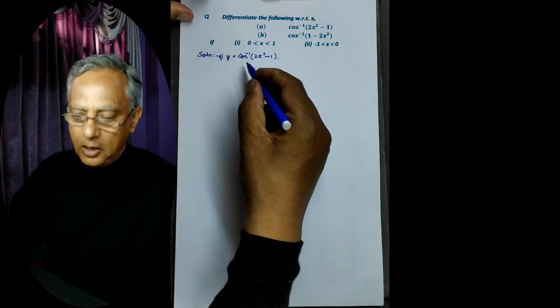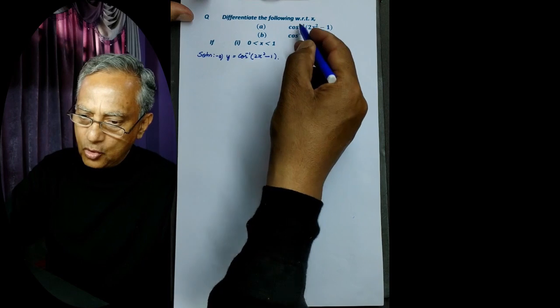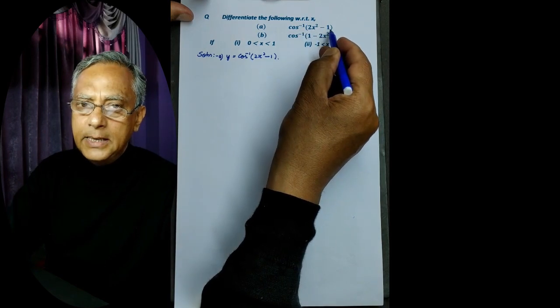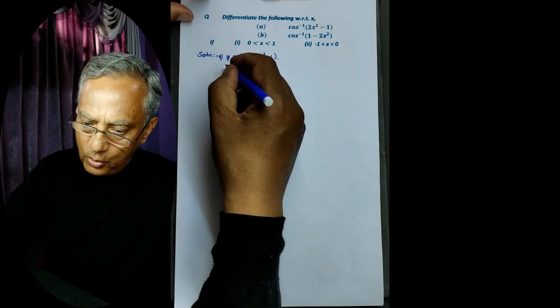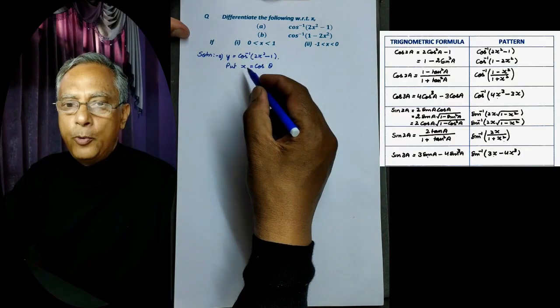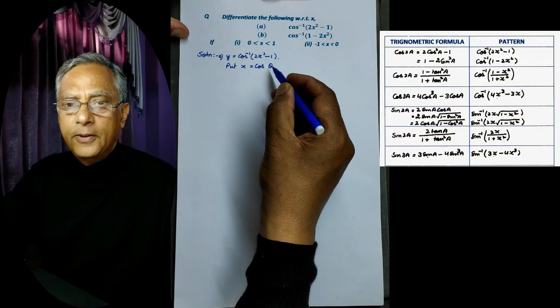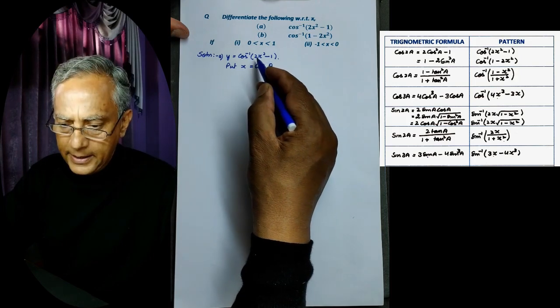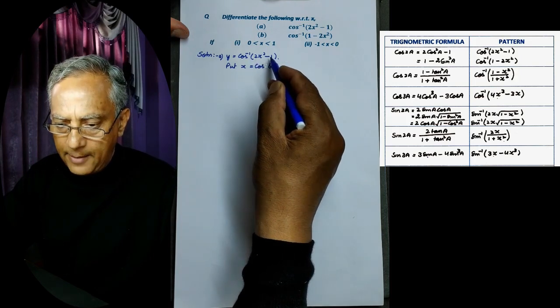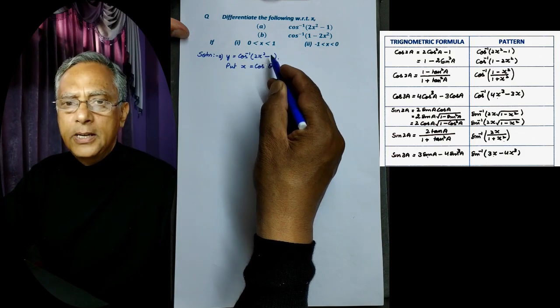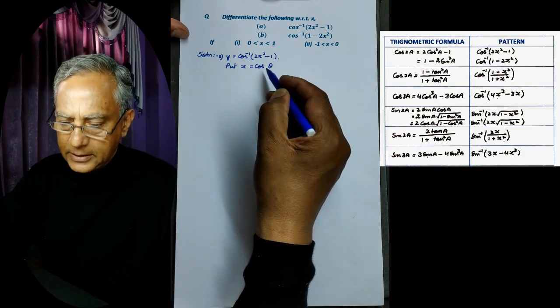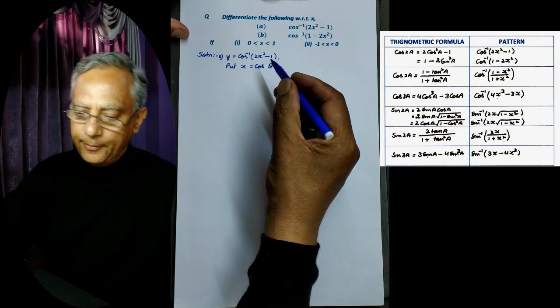Now here we are given y equal to cos inverse of 2x square minus 1. Now to differentiate this, what we do is we put x equal to cos of theta, because the pattern here is 2 cos square theta minus 1. 2 cos square theta minus 1 is cos of 2 theta. So we put x equal to cos theta.